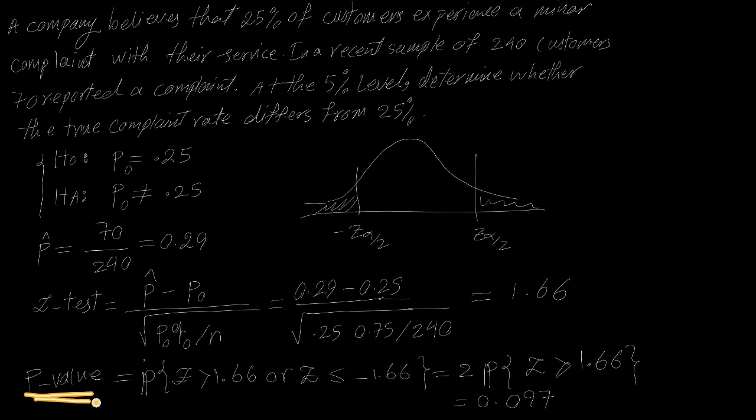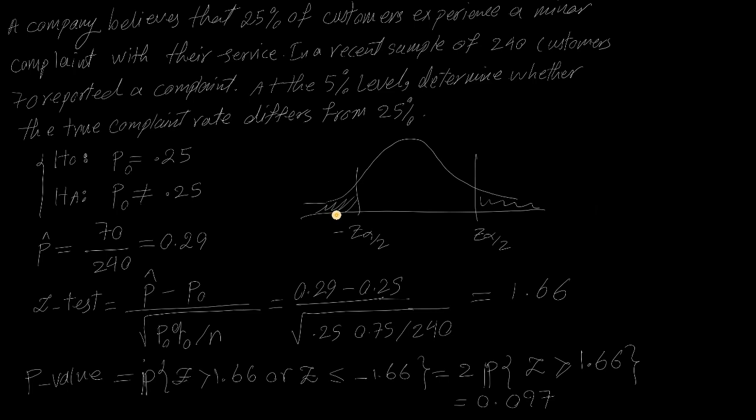If we compute the p-value, we have the Z test, and let's say z is here, 1.66. Because we have a two-sided normal distribution, we check that if z-test is here and the negative of z-test is here, what is the probability of z greater than z-test?